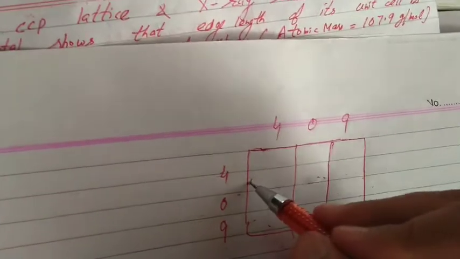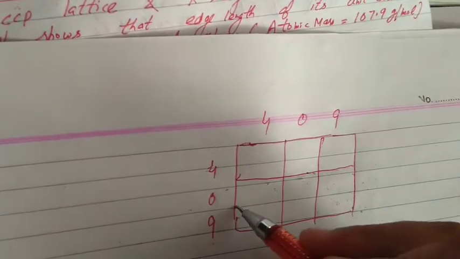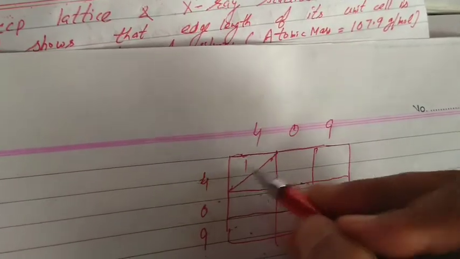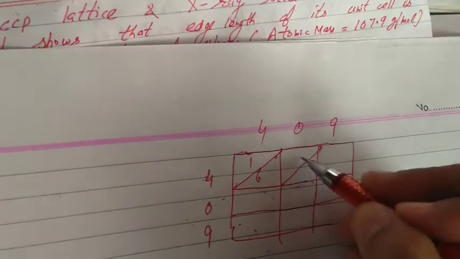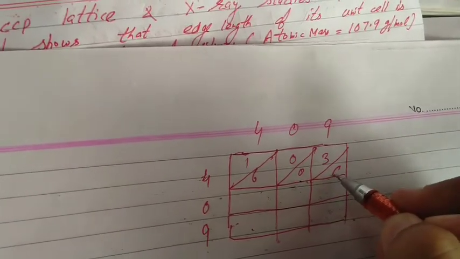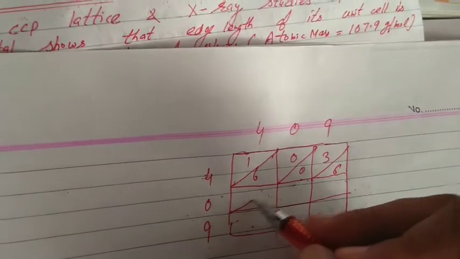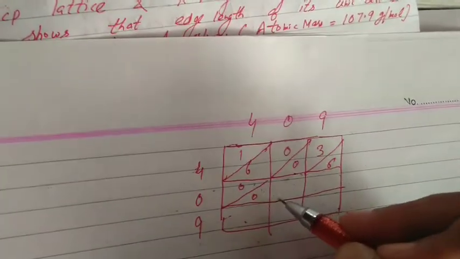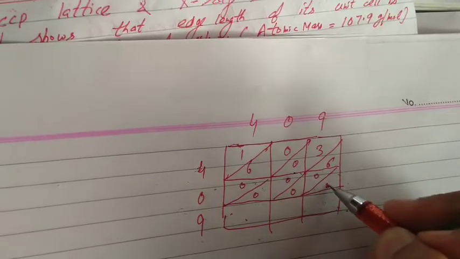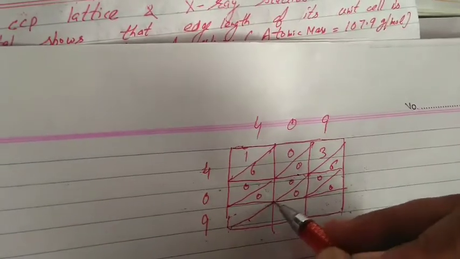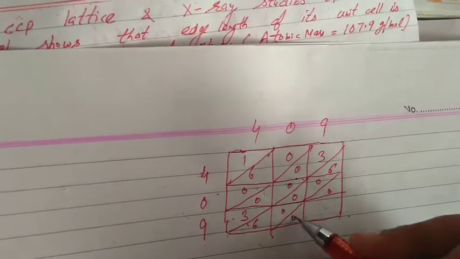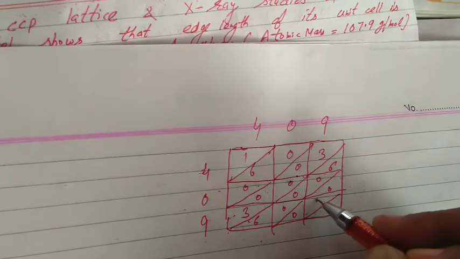At first we will calculate square. 4 4s are 16, 4 0s are 0, 4 9s are 36, 0 4s are 0, 0 0s are 0, 0 9s again 0, 9 4s are 36, 9 0s are 0, 9 9s are 81.